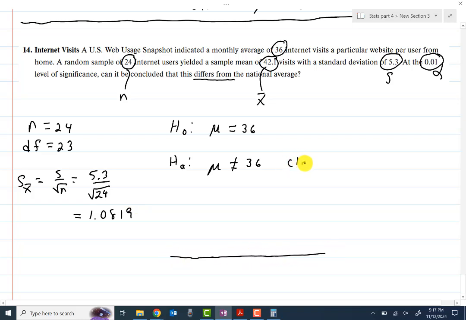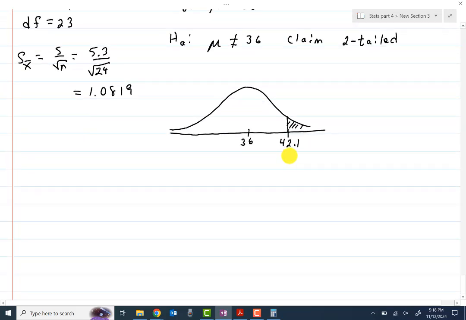This was the claim, and it's two-tailed. So the middle is 36 here, and our sample mean was 42.1, like so. Let me get the t-value.